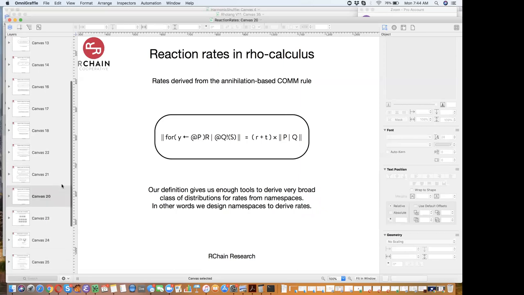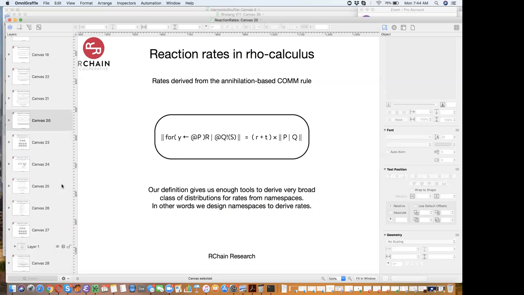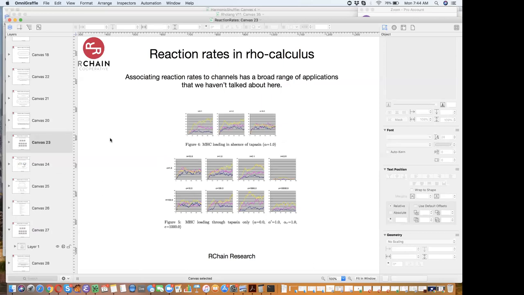So now let me relate this to what's going on in the literature beginning some 20 years ago. What you're looking at here are some graphs of the rates of reductions of particular channels using a simulation machine or program called SPIM, which stands for Stochastic Pi Machine.